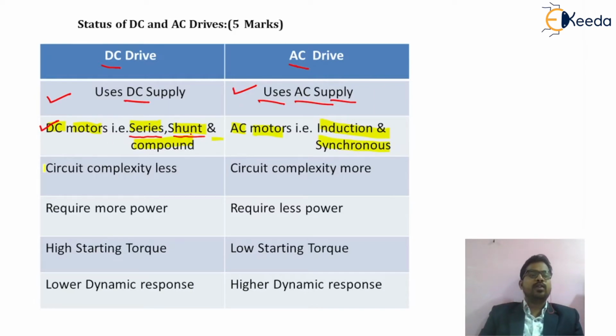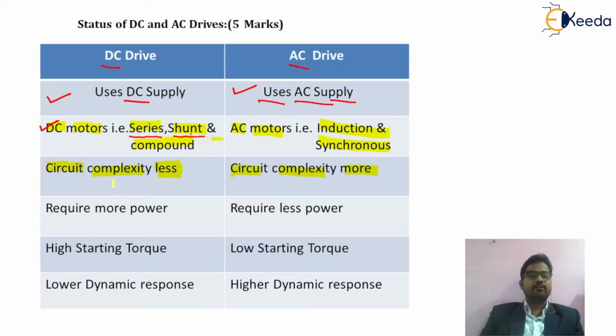The next point of comparison between the DC drive and AC drive: the DC drive requires a circuit called a control circuit or operation circuit, which is quite less complex, but for the AC drive the circuit is more complex. Why is the circuit less complex for DC drive?